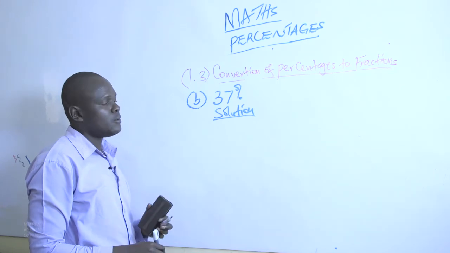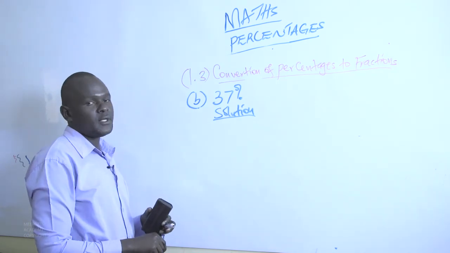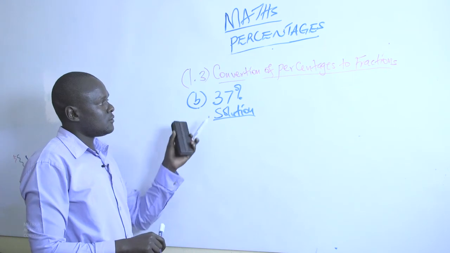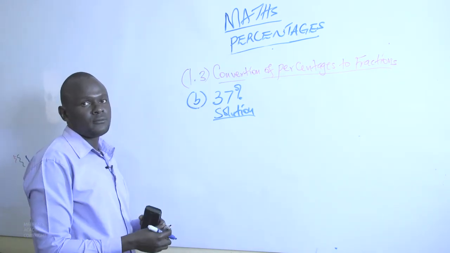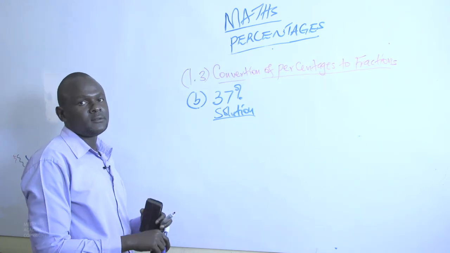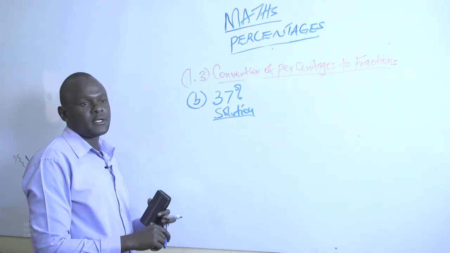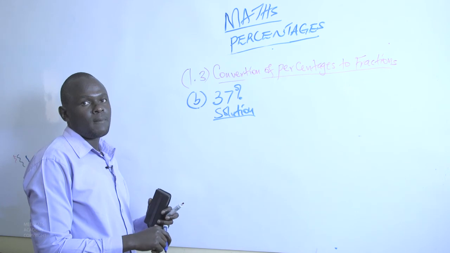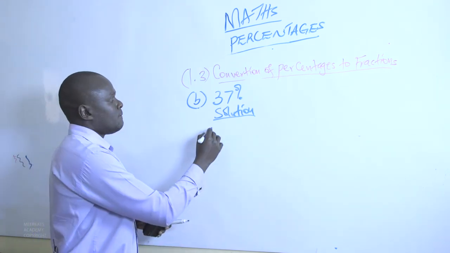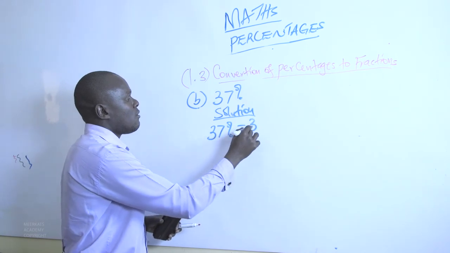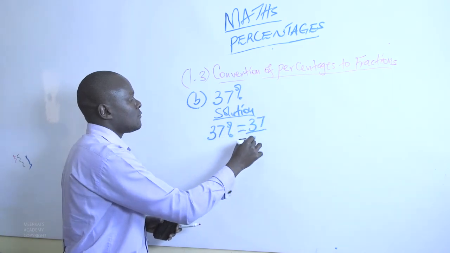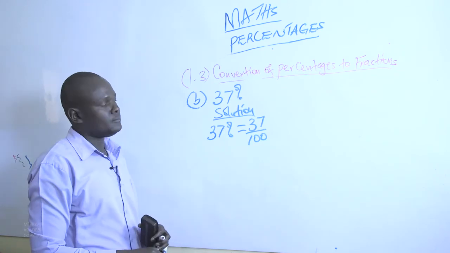We go through the 2 steps that we have just learned, that we first of all write this particular number as a fraction, then we simplify that fraction, and 37% is the same as 37 out of 100.